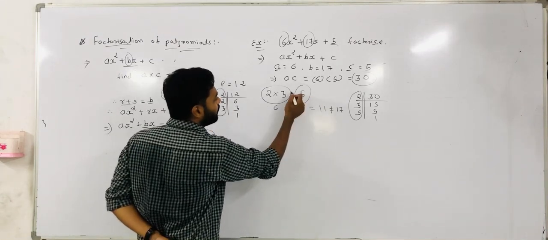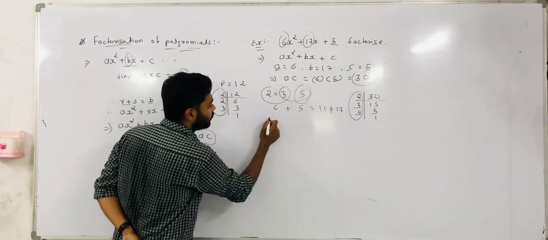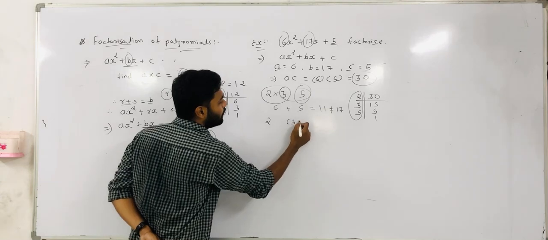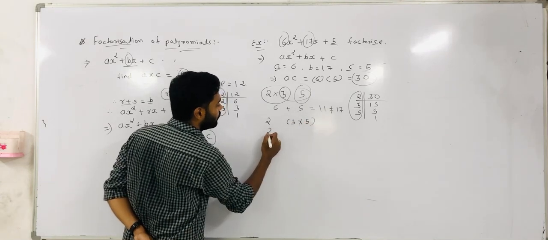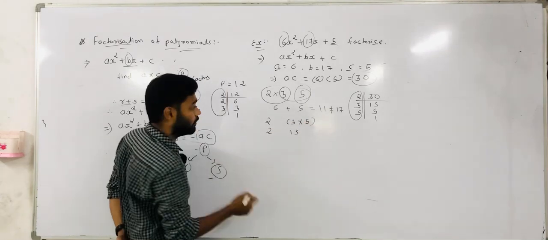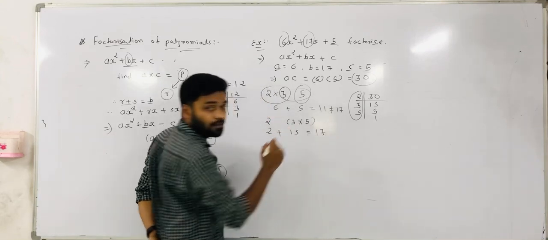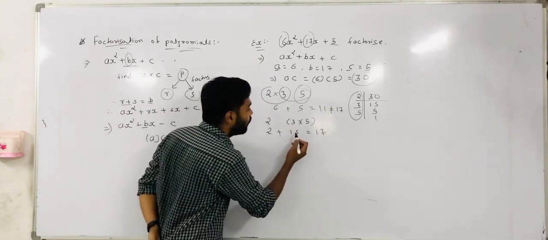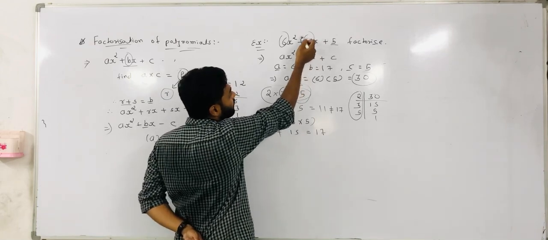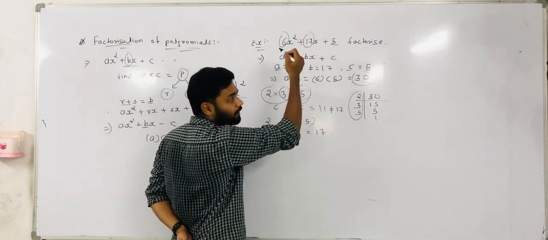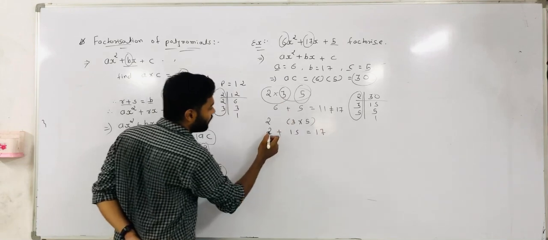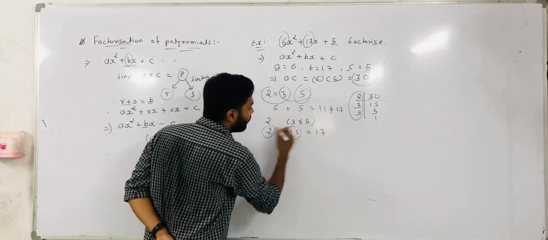Now let's say the two factors 3 and 5. So 2 and 3 into 5, so 2 and 15. So the addition of these two is what? 17. So to split the middle term, that is 17x, we have two factors that are 2 and 15.